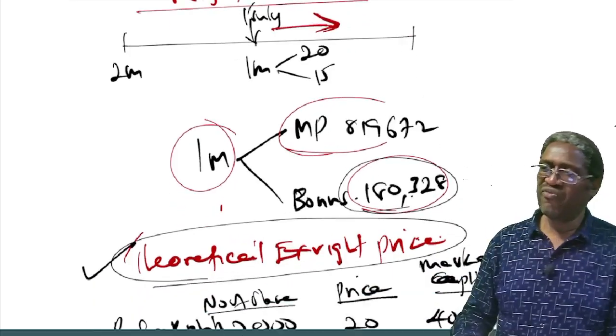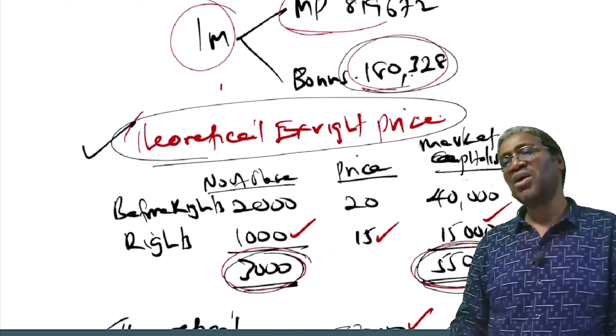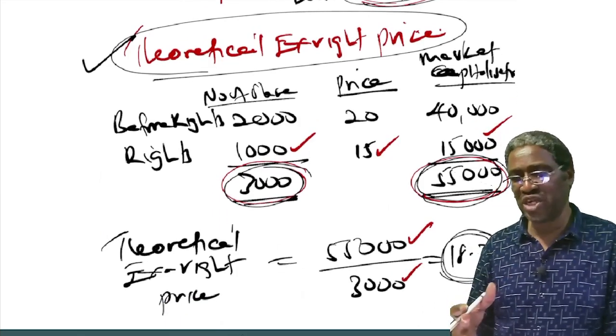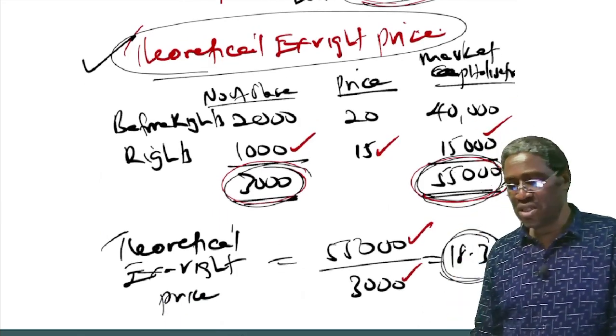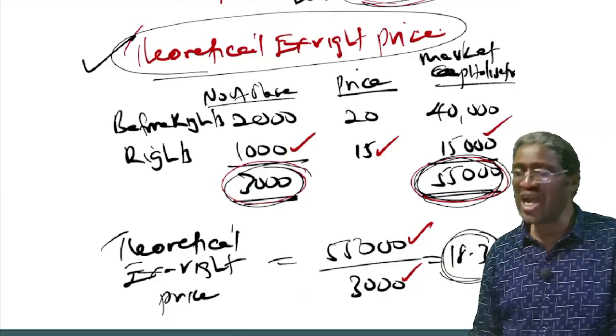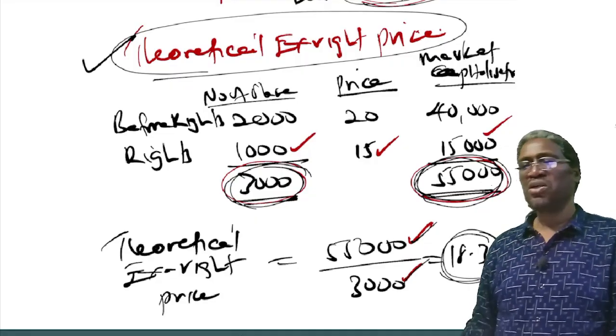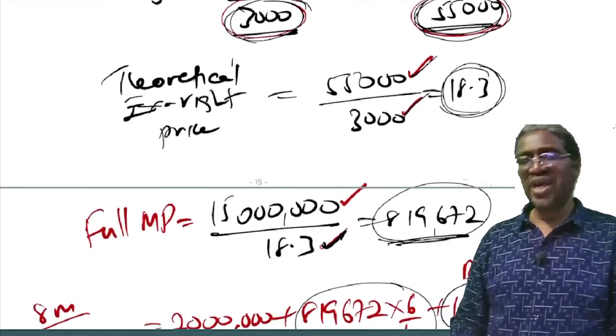We have said, first compute a price called theoretical ex-right price. How do you get that theoretical ex-right price? By dividing the market capitalization of the company after the rights issue by the number of shares after the rights issue. That will give you the theoretical ex-right price.